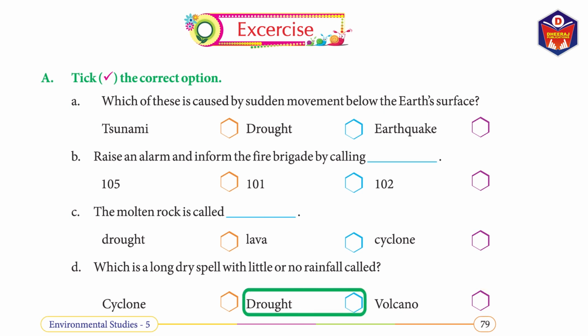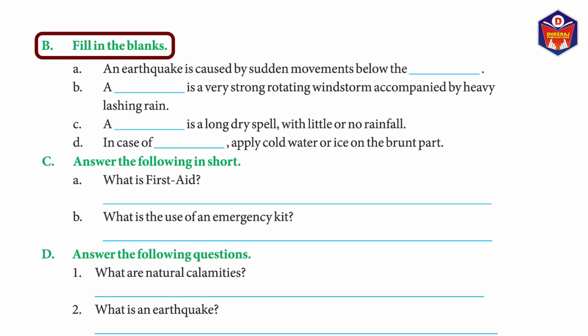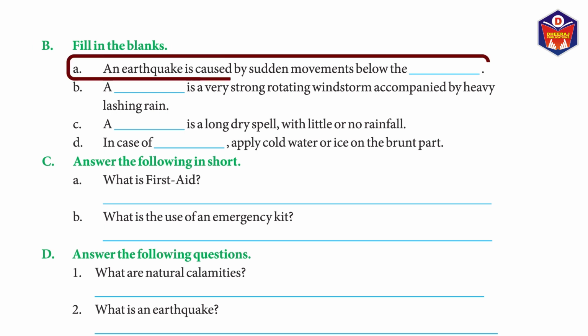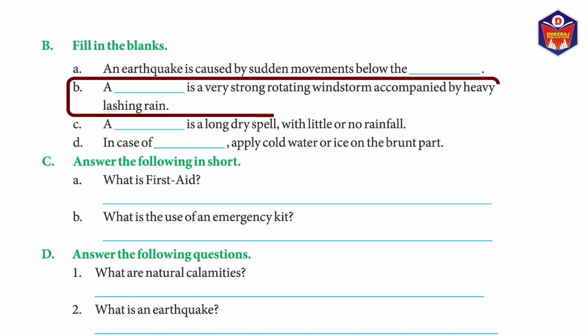B. Fill in the blanks. A. An earthquake is caused by sudden movements below the dash. Answer: Earth's surface. B. A dash is a very strong rotating windstorm accompanied by heavy lashing rain. Answer: cyclone.